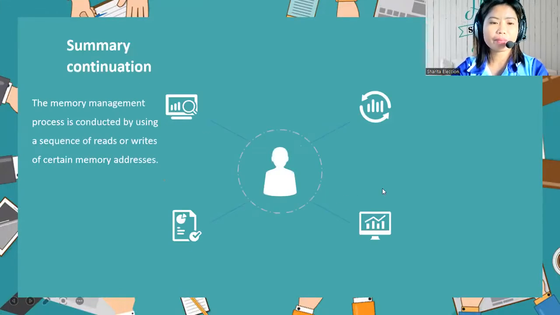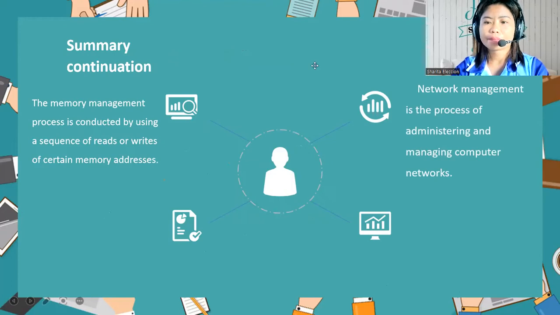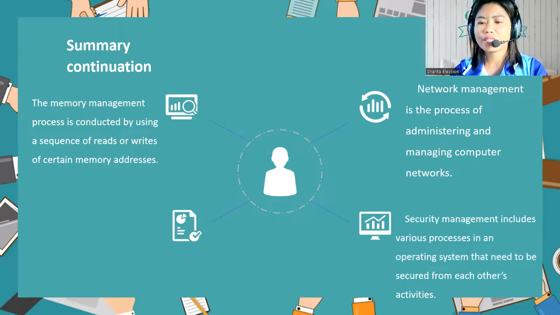Memory management is the process conducted by using a sequence of reads and writes to certain memory addresses. Network management is the process of administering and managing a computer network. Security management includes various processes in an operating system that need to be secured from each other's activity.